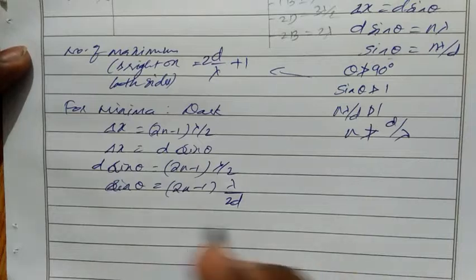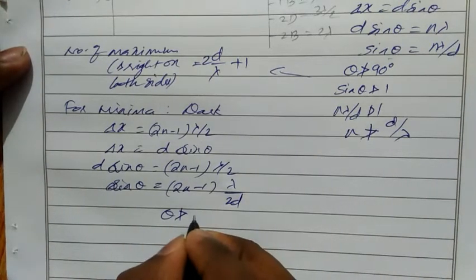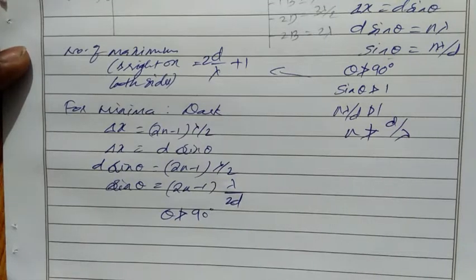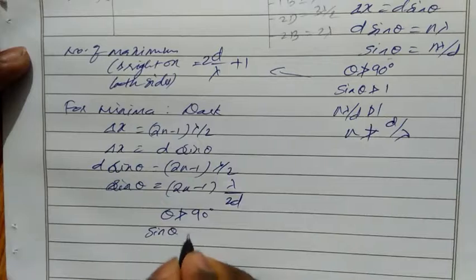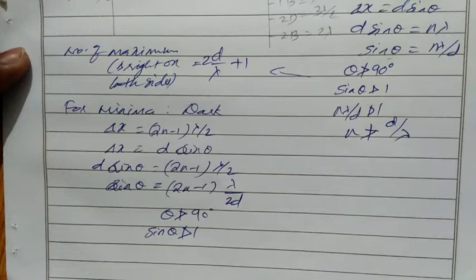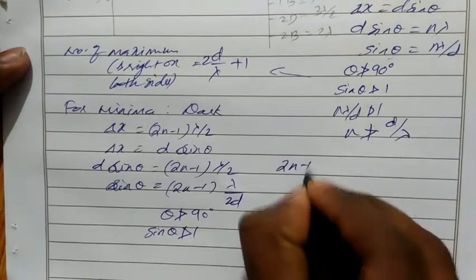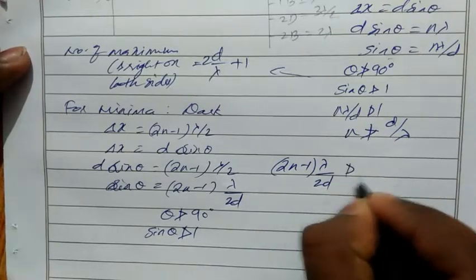Similarly, our theta cannot exceed 90 degrees, so our sin theta cannot exceed 1. Then (2n minus 1) lambda by 2d also cannot exceed 1.